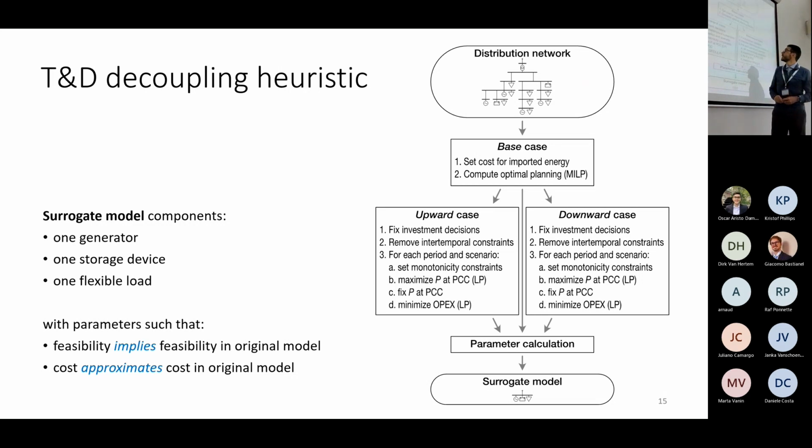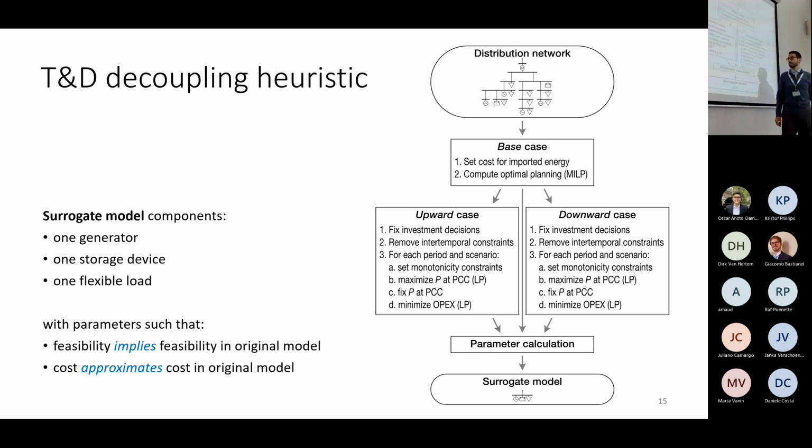This is done by first fixing investment decisions, and then by removing intertemporal constraints, for example, the ones present in storage devices. So this translates into several single period optimizations, which are linear programming problems, so are quite fast to be solved.